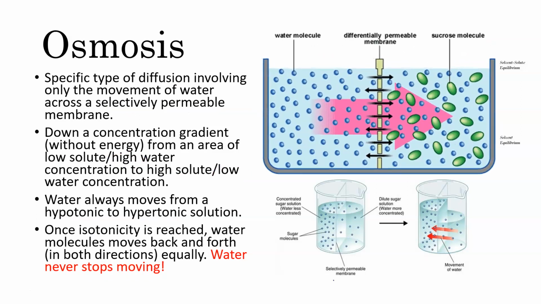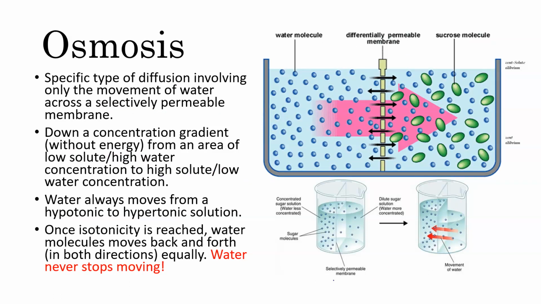So if we highlight these images, water molecules, which are indicated by these little blue dots, are going to be moving from where they are more highly concentrated to where it is lower concentrated. And so you will see that the majority of these arrows are pointing left to right. These water molecules want to balance out the concentration on both sides. They want to reach isotonicity.